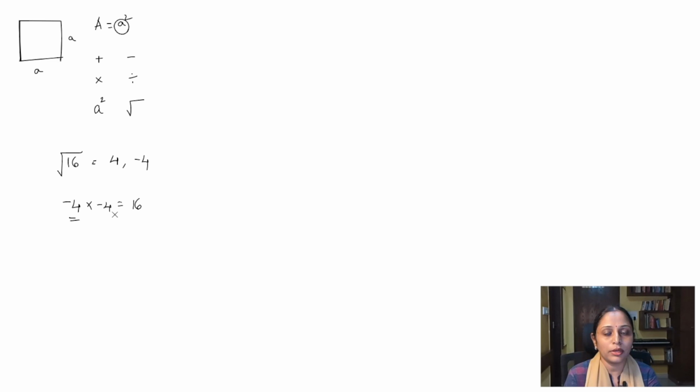So for any number given to you, when you are finding the square root, you are going to get two values, both with the same mod value and opposite signs, plus or minus. Both will satisfy the criteria. Now, if the question we are considering is in geometry, for example, the side of a square, clearly you are going to rule out the negative number because you can't have a square with a negative side length, right?